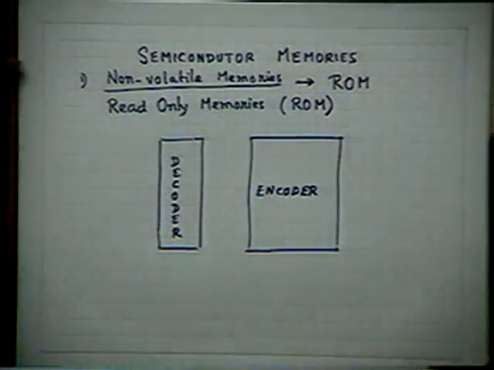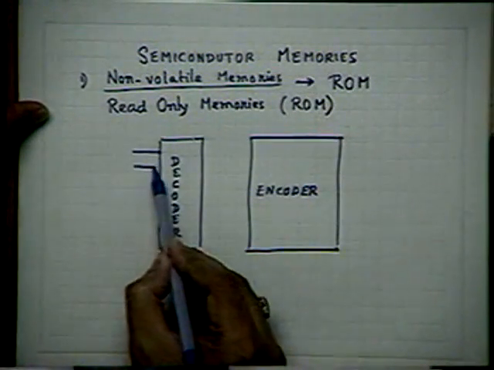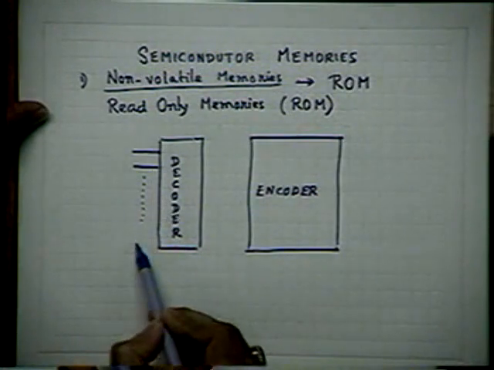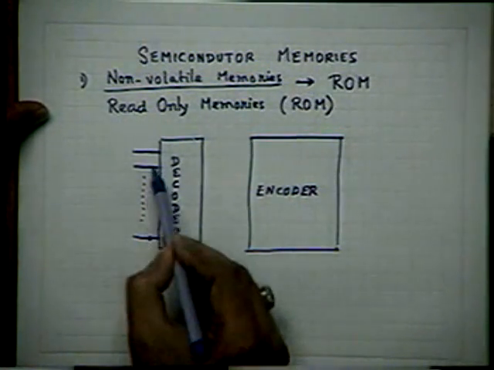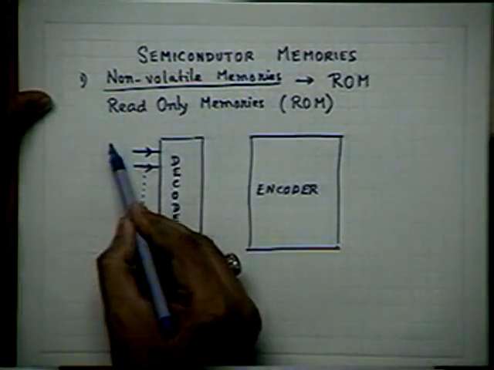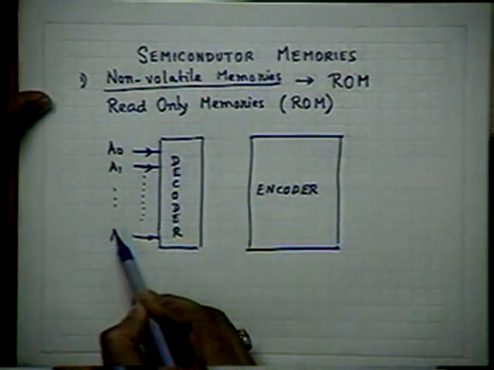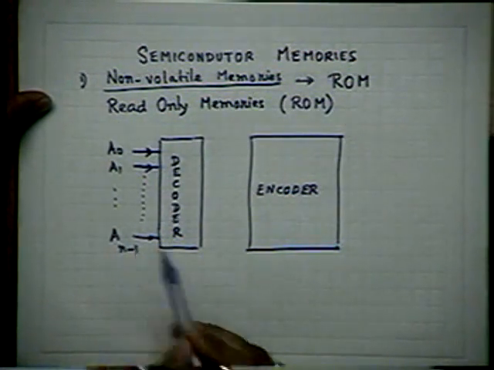This is the basic block of any memory. And as you know, we apply the binary input here. I can call them A0, A1, etc., A, say, n minus 1.